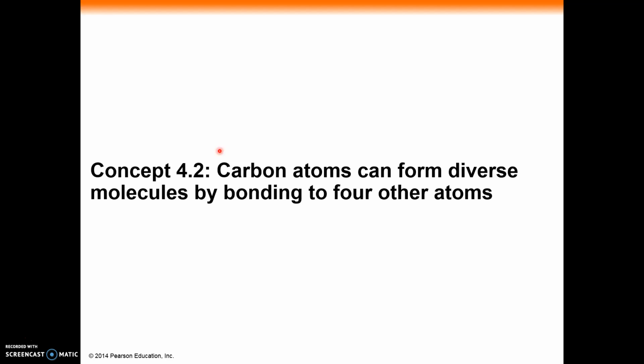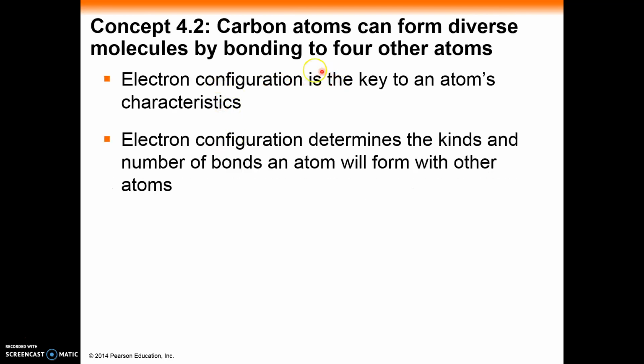Okay. So if you remember, electron configuration is the key to the atom's characteristics, right? Thinking about how those electrons are set up, what arrangement they're in, that kind of determines what an atom and that element is capable of.